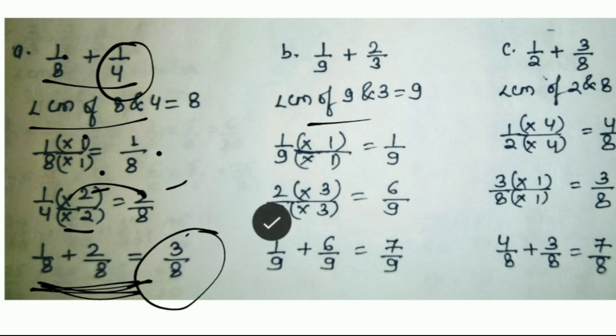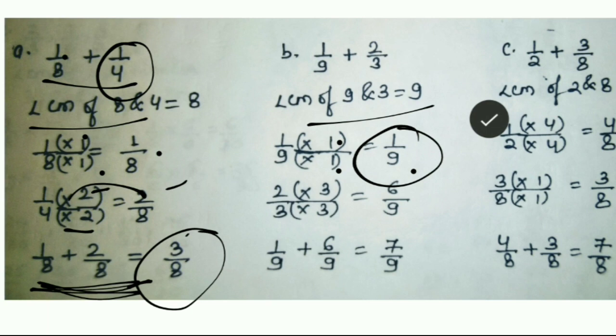One more question, 9 and 3. So the LCM is 9 only. So 9 multiplied by what number will we get 9? Multiply by 1. So the same number we will multiply with the numerator. So that will come 1 upon 9. And 2 by 3, in this 3 table, 9 will come how many times? 3 times.